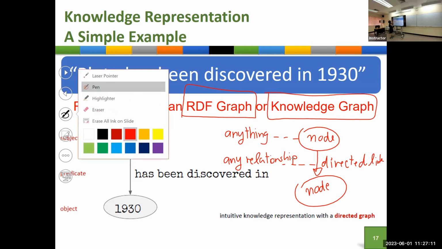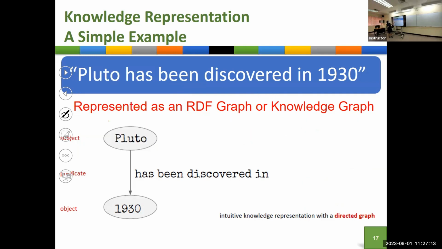So for a very simple way of encoding this statement as a knowledge graph or RDF graph, there must be a node Pluto, which represents the planet Pluto. There should be a relationship.